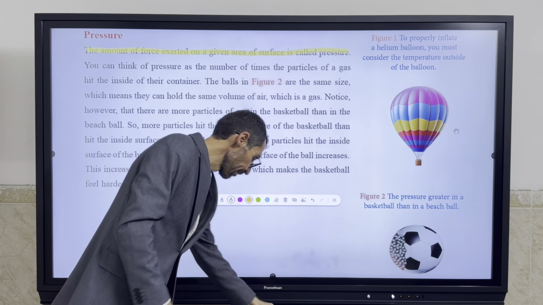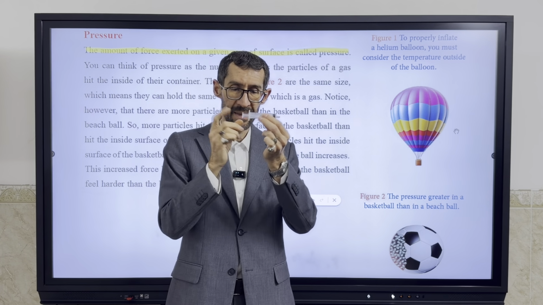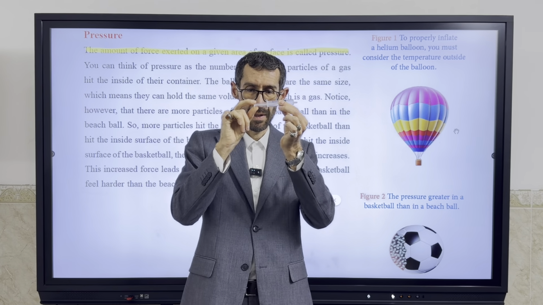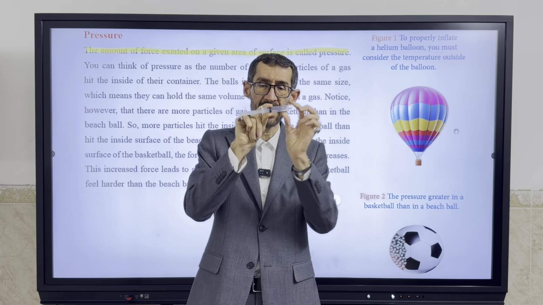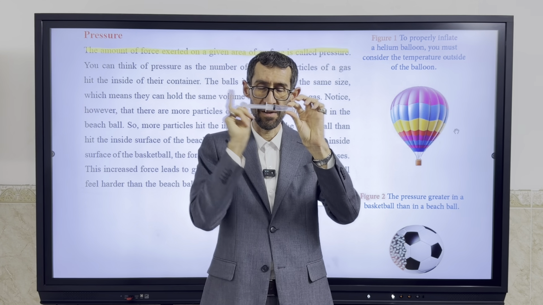For example, there is a syringe, right? This syringe consists of two parts. There is a piston. The piston moves back and forth inside the cylinder. Piston and cylinder.